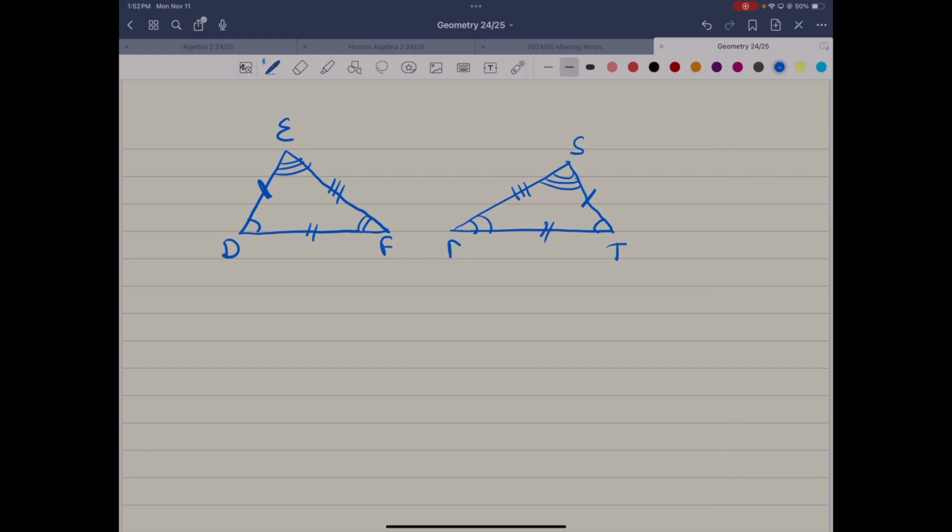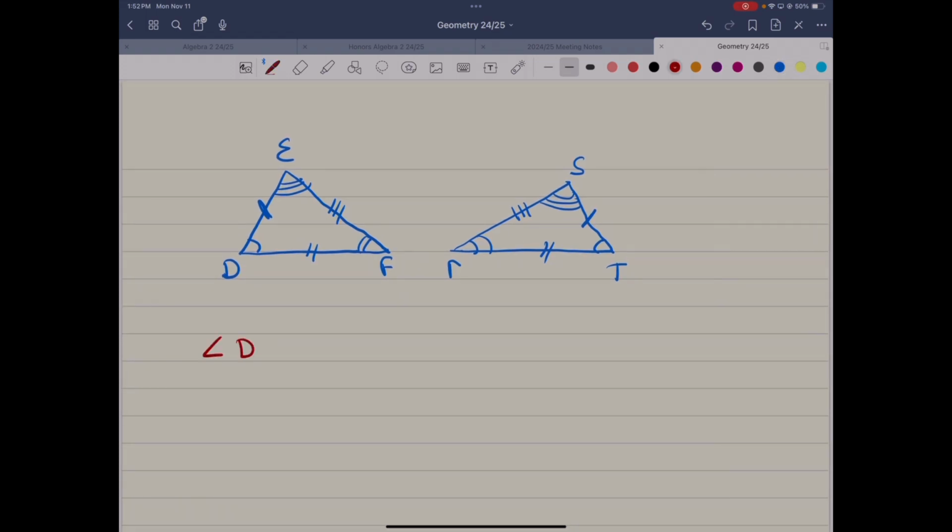The first question is, if we call this figure 1 and this figure 2, angle D is congruent to what angle in the other one? T. Angle D has one arc. Angle T has one arc. So they're congruent to each other.